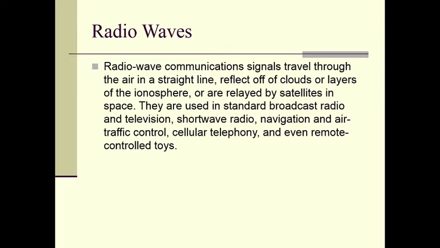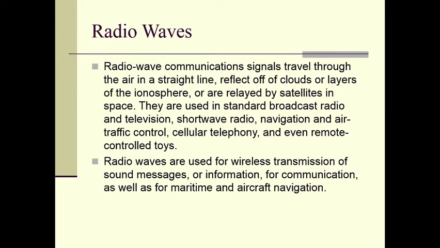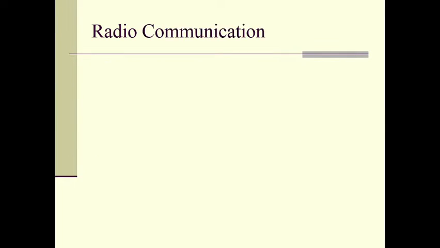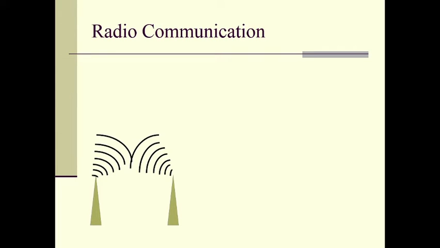They are used in standard broadcast radio and television, shortwave radio, navigation and air traffic control, cellular telephony and even remote control toys. Radio waves are used for wireless transmission of sound messages or information for communication as well as for maritime and aircraft navigation.